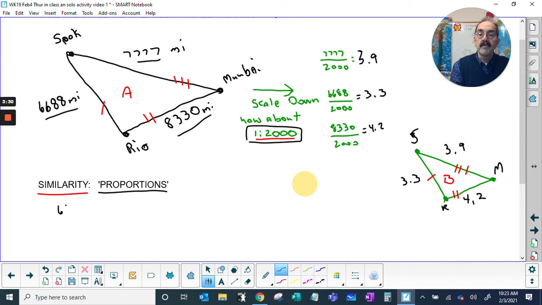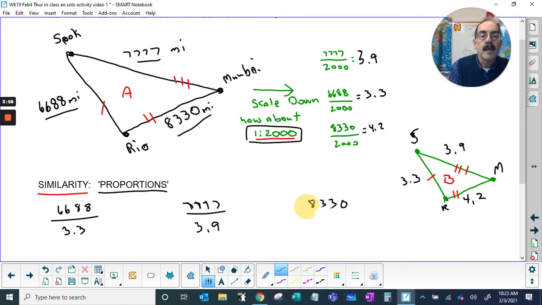So we have 6688, and we divide by 3.3, 7777, and we would divide that by the 3.9, and 8330 divided by the 4.2.